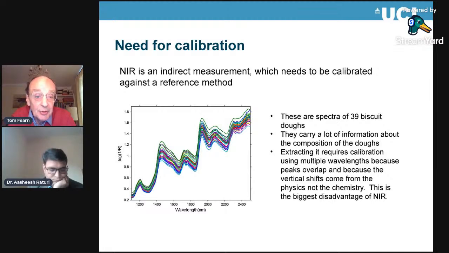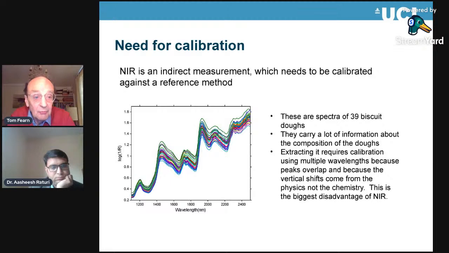It's a bit to do with the surface texture and color. It's also probably a bit to do with the density inside. But that vertical shift isn't telling you much about the chemistry. It's getting in the way. And because of those two things, one has to use multiple wavelengths to get equations, to get algorithms that will predict the composition of the doughs. And that's the big disadvantage.